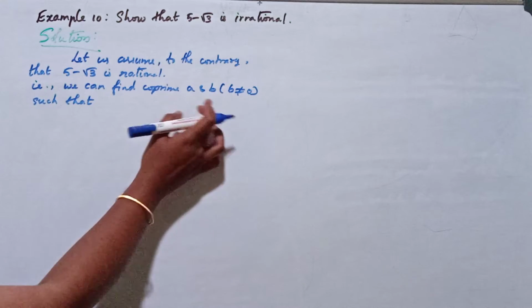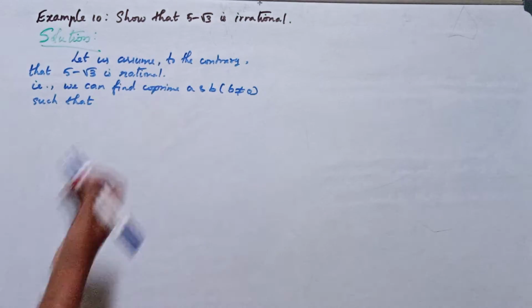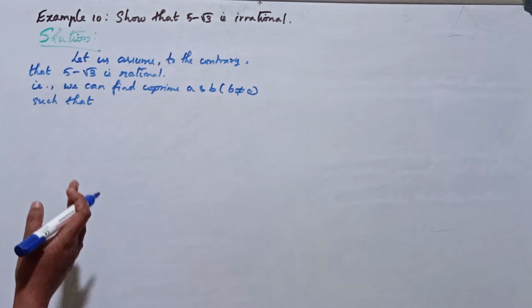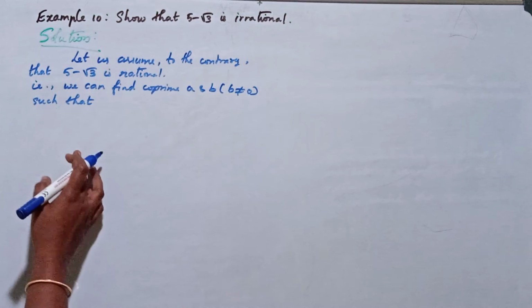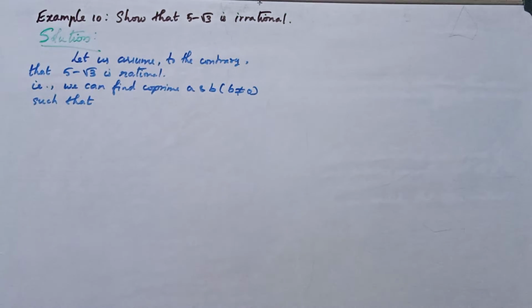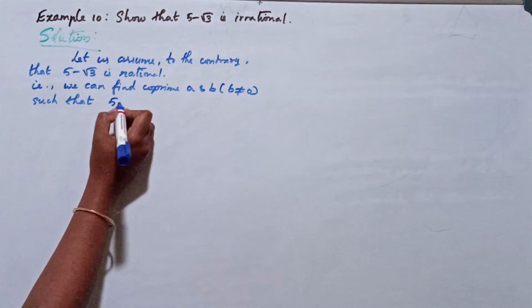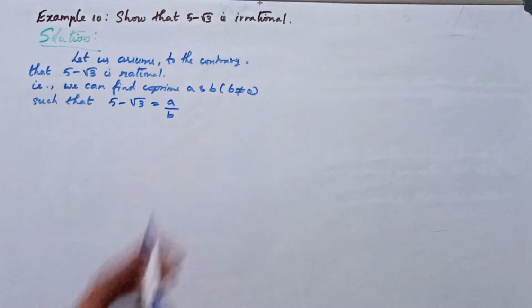Because we have said that this is a rational number. We assume that 5 minus root 3 is a rational number. So if it is a rational number, it can be written as a by b, and b is not equal to 0. And we are assuming again that we can find co-prime integers a and b.